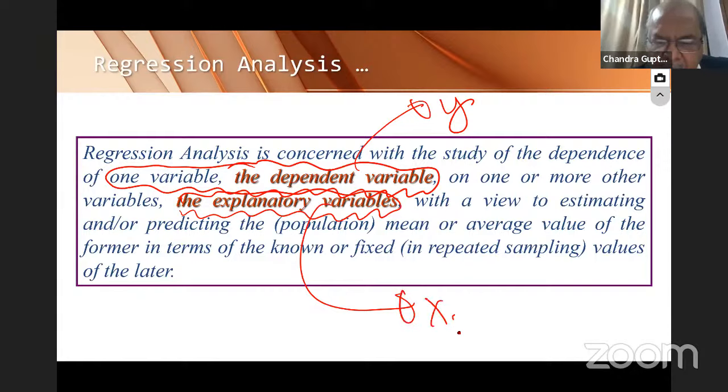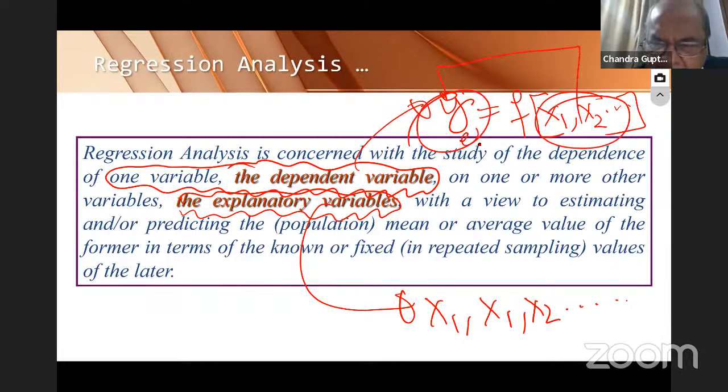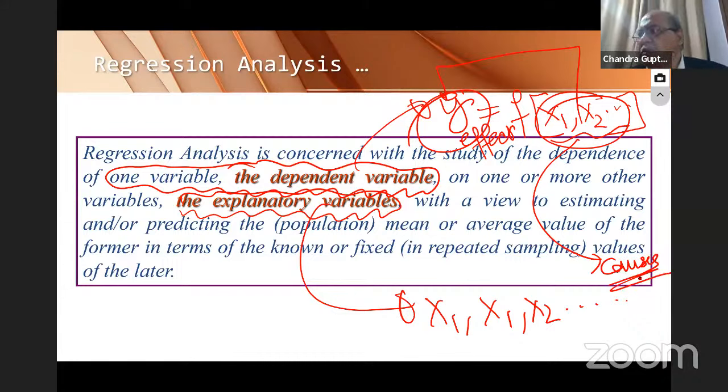Explanatory variables are represented by x1, x2, x3. And we believe that y is a function of x1, x2, x3, etc. That means x1, x2, x3 cause y. So y is the effect, and these are all causes.